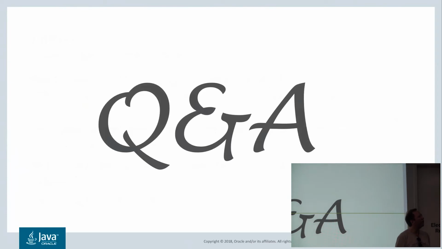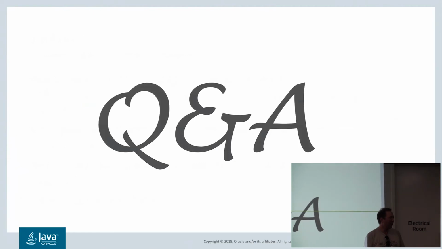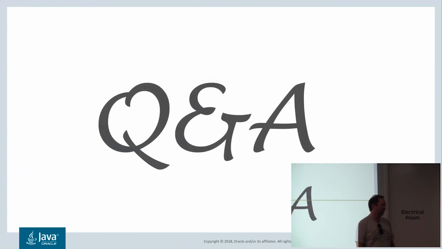Yes? How does jdeps do on code bases that use reflection? So I think there are complications around that. I'm not an expert on jdeps, but I would imagine that that's a challenge, yes. I don't think it will give you every single dependency, but rather a here's a good start sort of thing. A lot of code bases these days use dependency injection frameworks and all kinds of tooling that does a lot of that.